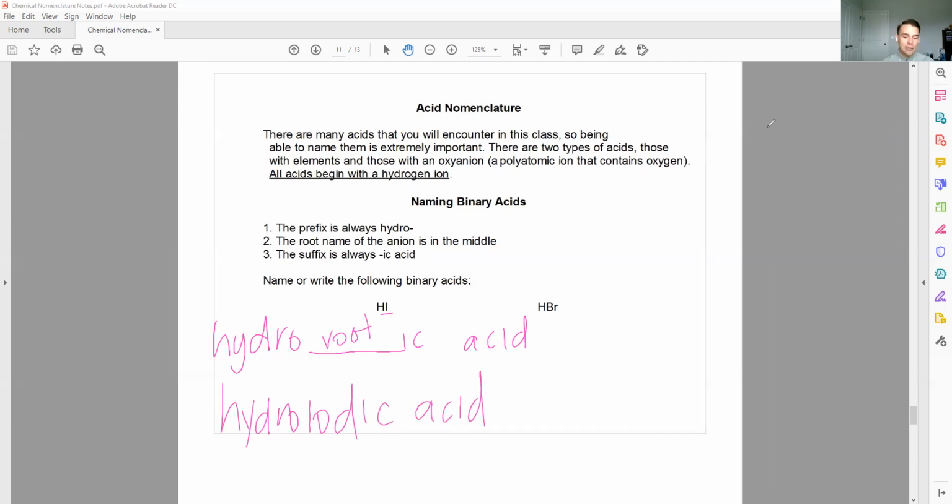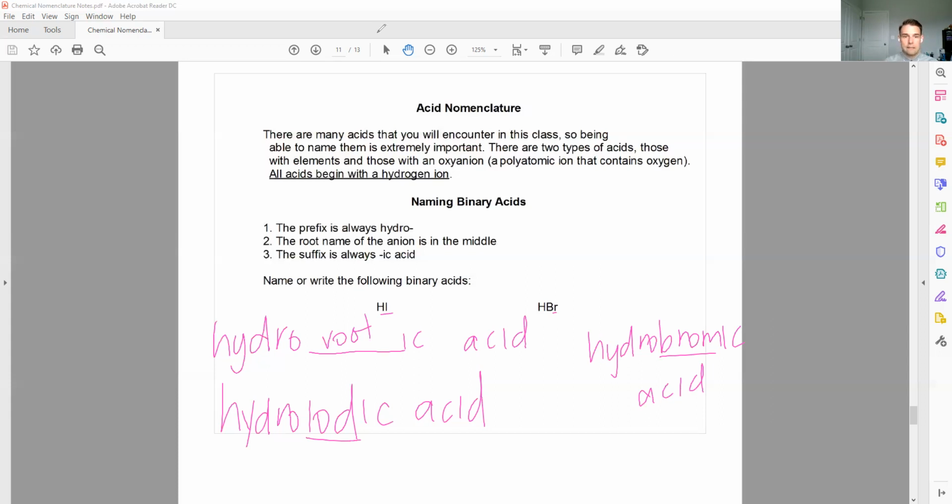So HI is hydroiodic acid. Very simple. And then HBr, Br is bromine. So we have hydro, brom is the root, so hydrobromic acid. Pretty simple.